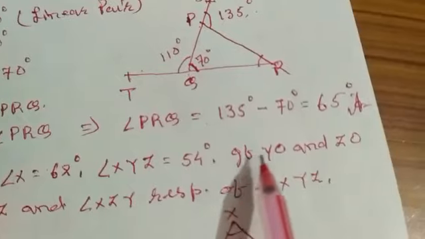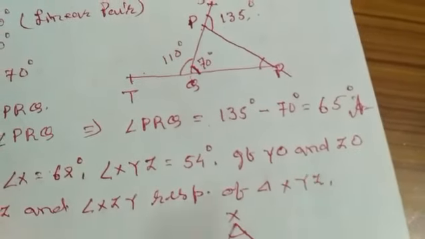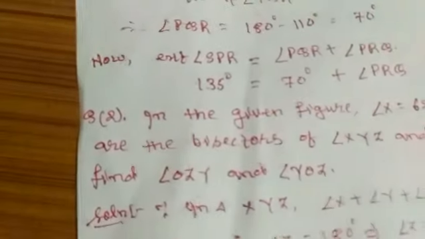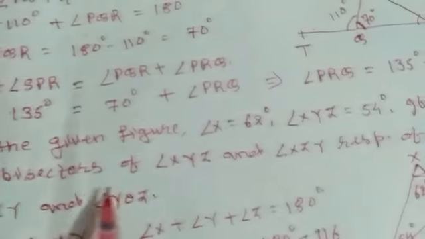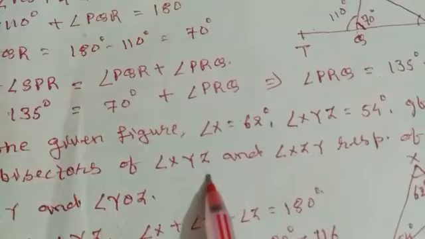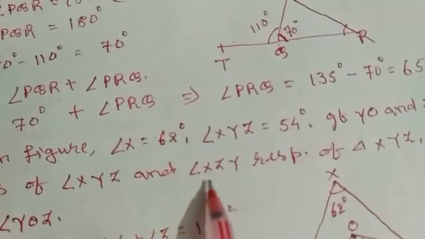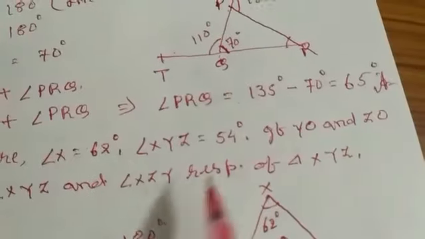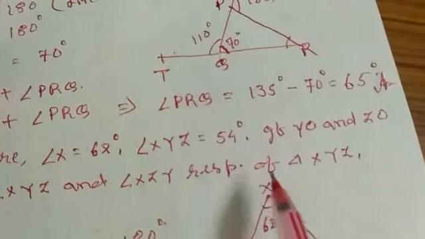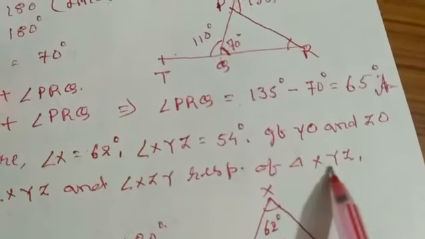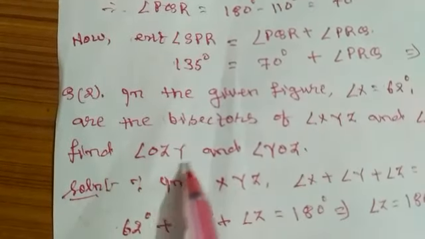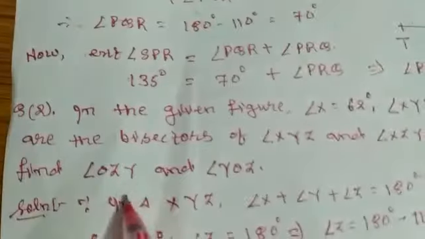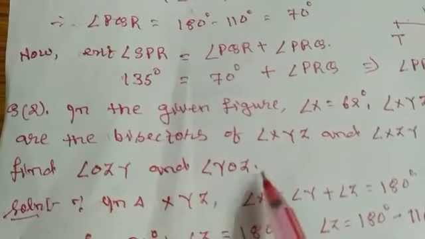If YO and ZO are the bisectors of angle XYZ and angle XZY respectively of triangle XYZ, find angle OZY and angle YOZ.